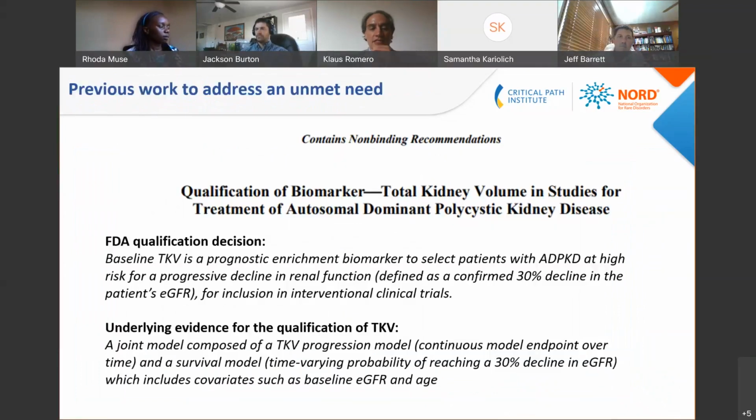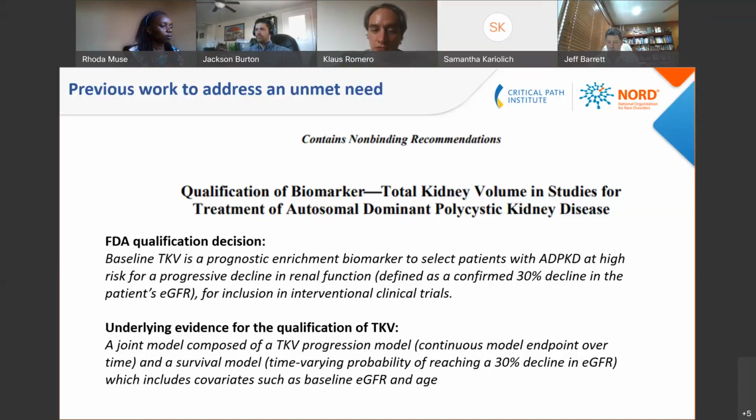So this was the first victory, really, and this represented the first win that represented really the power of being able to integrate the data, number one, and then leverage the data to transform the data into actionable knowledge for drug development, and the actionable knowledge is represented by the biomarker. At the time, the thinking was around the biomarker to inform TKV, to inform patient selection for clinical trials.